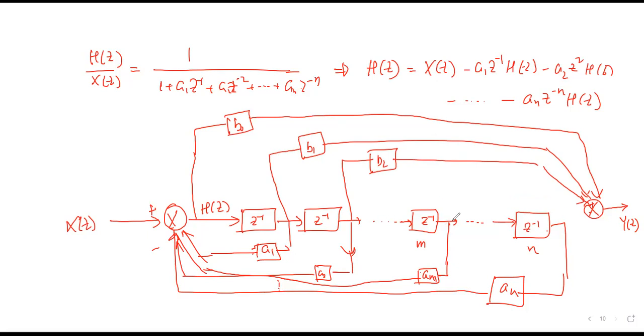We can give bm here because you have m number of zeros, so you just add it here. Eventually that will give us the output.